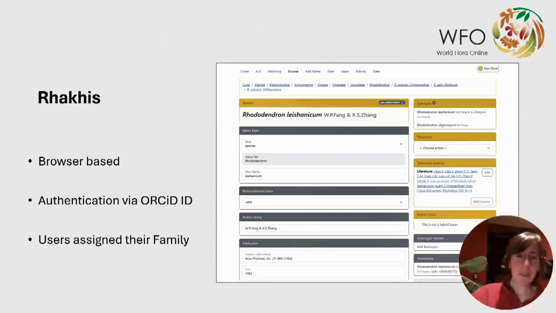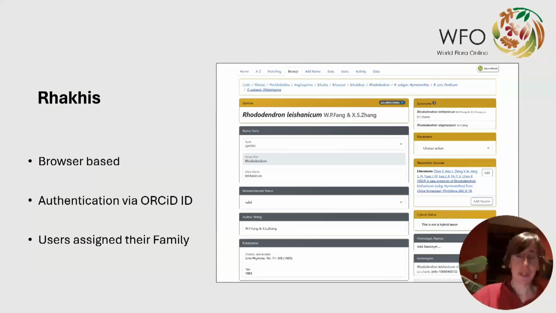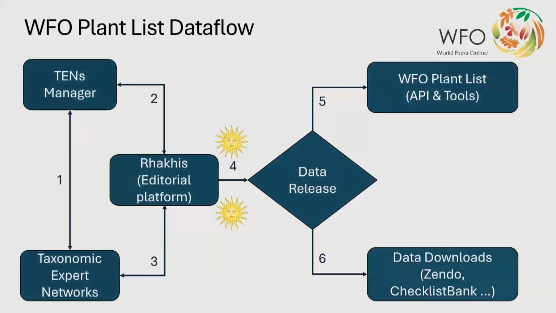So RACUS is browser-based, has user authentication via the ORCID ID of our participating taxonomists, and users are assigned to the specific taxonomic group that they work on. So the taxonomic expert networks edit directly in RACUS, or they can feed their data to our TEN manager, who is the coordinator of the taxonomic expert network activity.